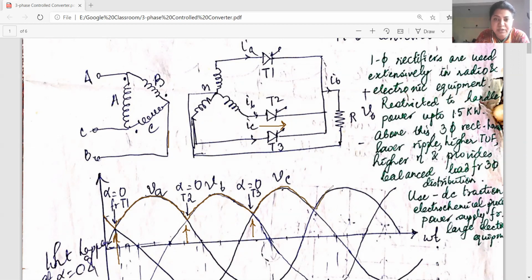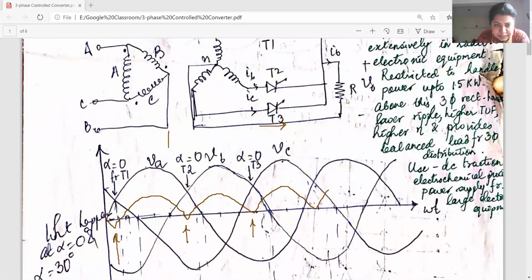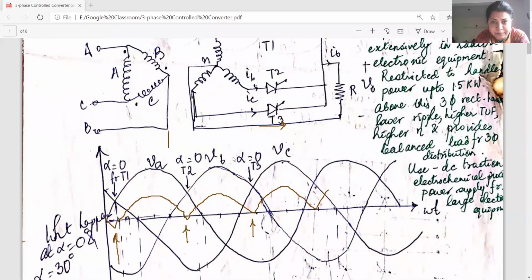So this is the output across the R load for a firing angle of alpha equal to 0 degrees, and this is alpha 1 equal to 0 degrees for thyristor T1. This is alpha equal to 0 degrees for thyristor T2, and this is alpha equal to 0 degrees for thyristor T3.